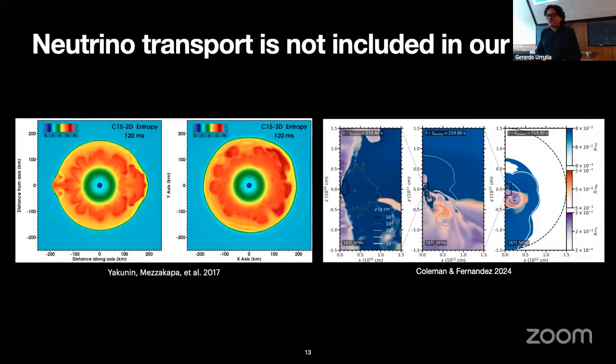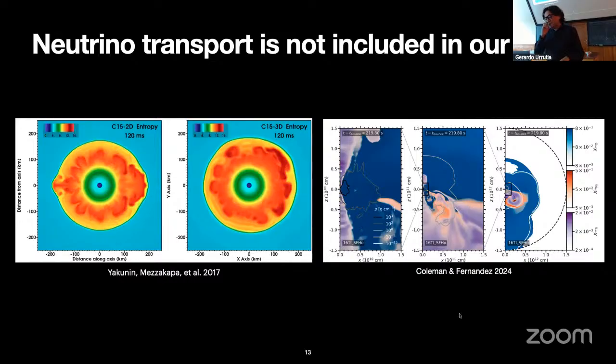Things that we need to simulate these kinds of environments include many physical processes. For example, the neutrino transport, which is responsible for convection in the first milliseconds when the inner layers are falling in the hypermassive neutron star, or also the evolution of the chemical components of the star.